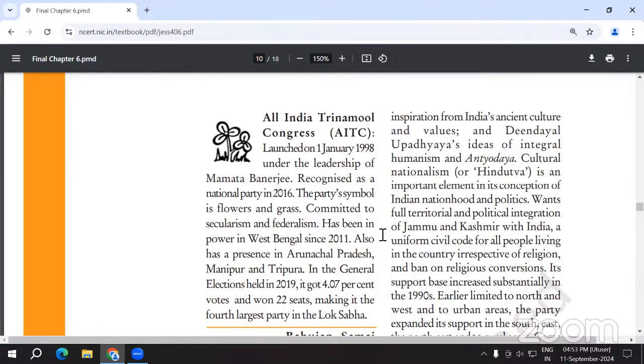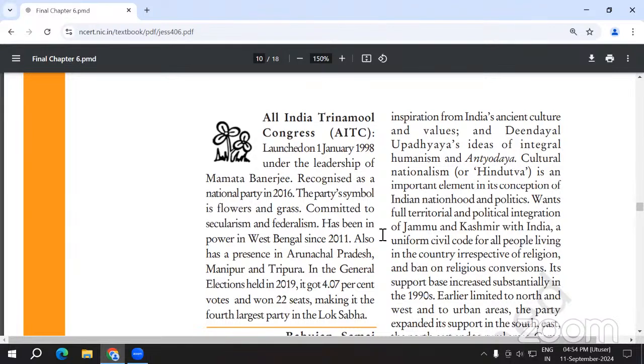Next point, cultural nationalism or Hindutva. When it was formulated, its main idea was cultural nationalism or Hindutva.